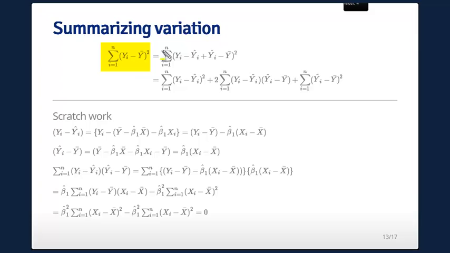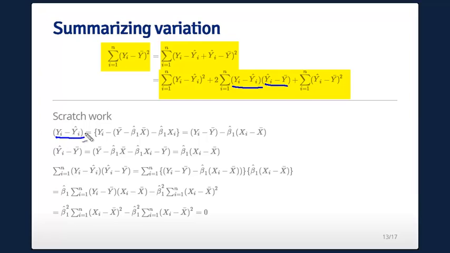Then let's add and subtract y hat. If we expand out the square and distribute the sum along our expanded square, we get that term. Then let's take these two terms, yi minus y hat and this other term, and look at them really quickly.